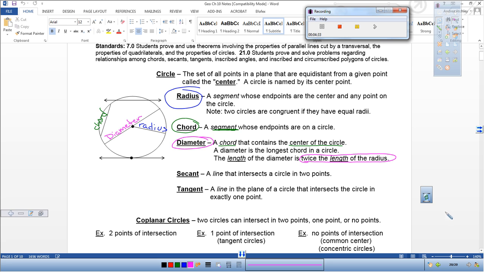Any questions? Okay, then we go on to a secant. Secants are different from a chord because a secant is a line that intersects the circle in 2 points. A chord is a segment, that means it doesn't go on forever, it stops. Secants are lines that go on forever. So this is a secant.